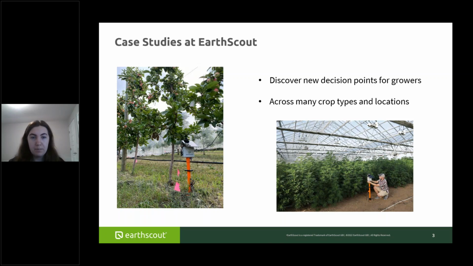Currently, our case studies are largely driven or affected by irrigation management, and this includes large acre pivot watered crops, but we have also studied ways that irrigation timing can be used to alleviate nutritional and heat-driven stress in hoop house tomatoes, and we're also working on using EarthScout data to better understand how hyper-local conditions can be used to adjust GDUs for insect and disease modeling in cannabis and many other crops as well.